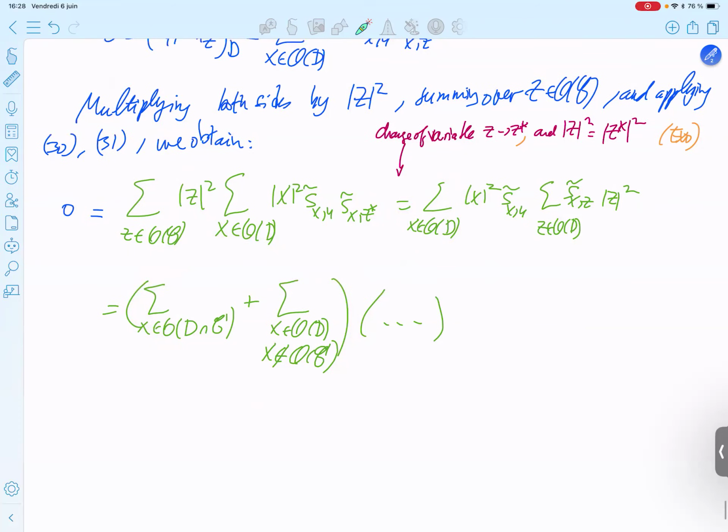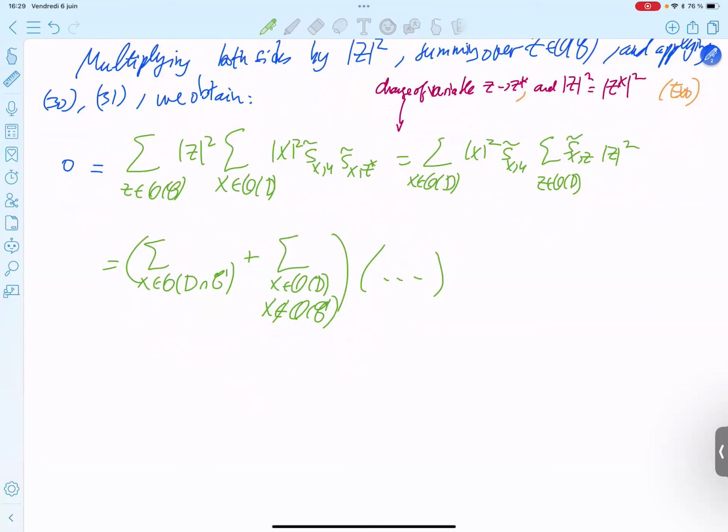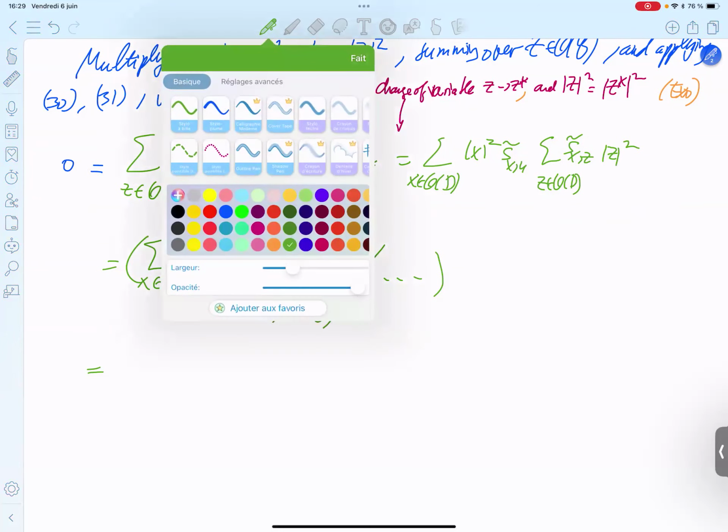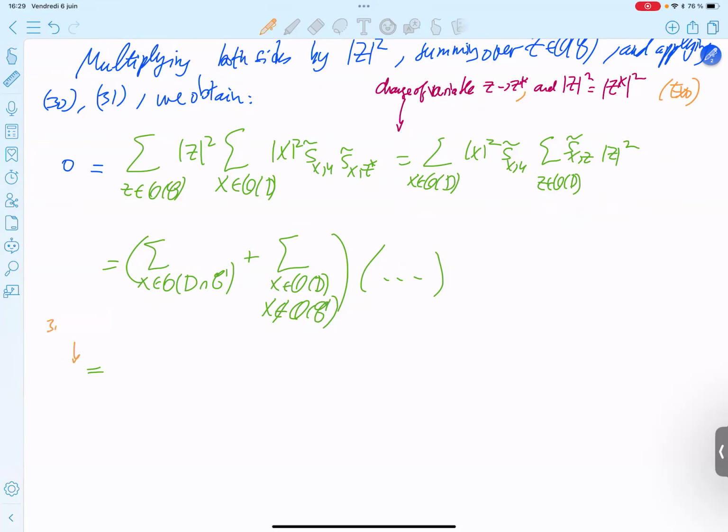So this is equal to what? And here we apply equation 30 and equation 31, but the second version.